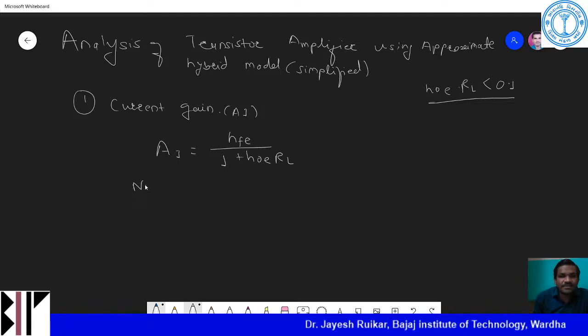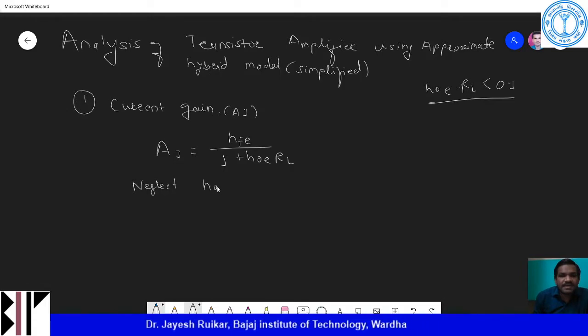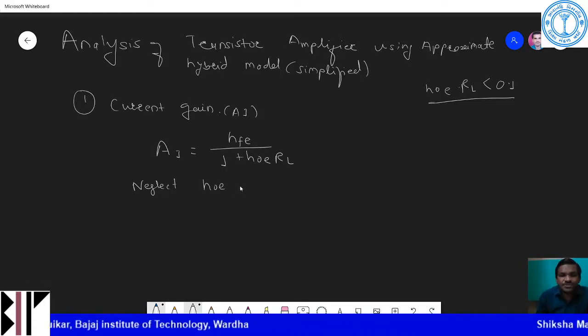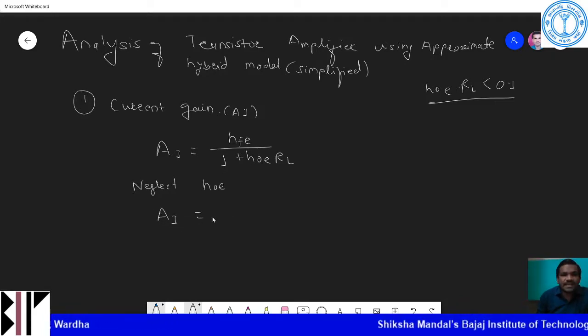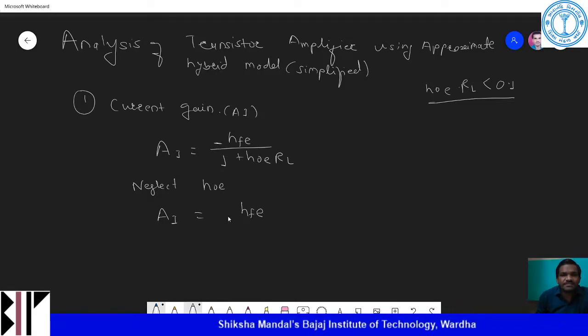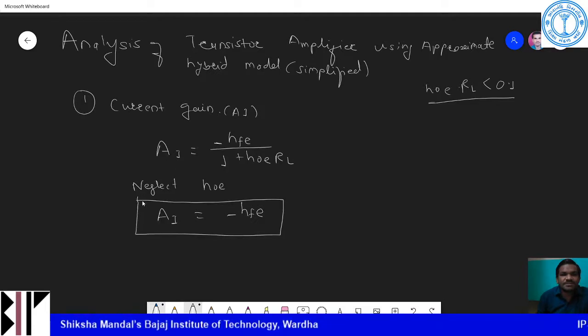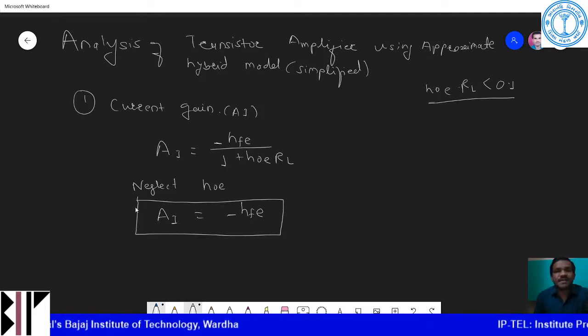In this case we have to neglect the HOE parameter, so HOE tends to 0. If we neglect HOE, then the current gain AI is nothing but, sorry, minus HFE. The formula is minus HFE. This is your current gain after neglecting HOE.